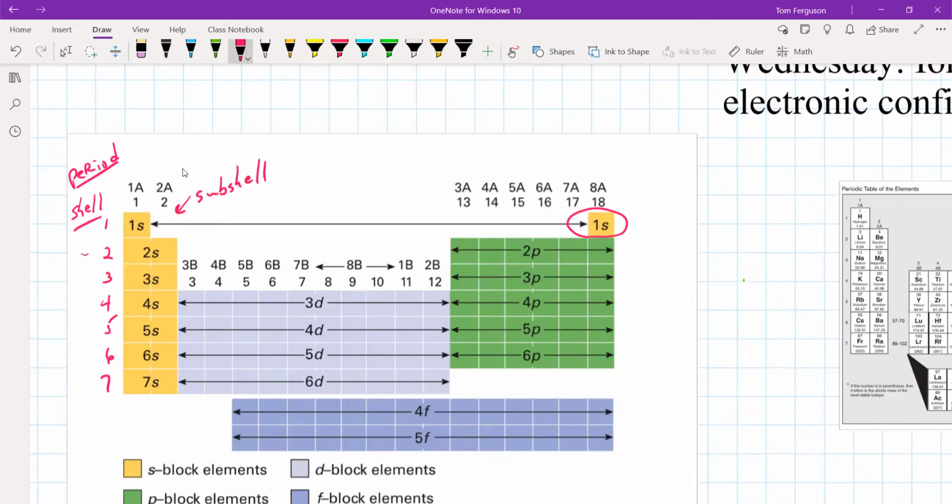At shell 2, we have S's and P's. At shell 4, we have S, D's, and P's. At shell 6, we have S, D, F's, and P's. So the higher the shell, the more subshells we have within it.